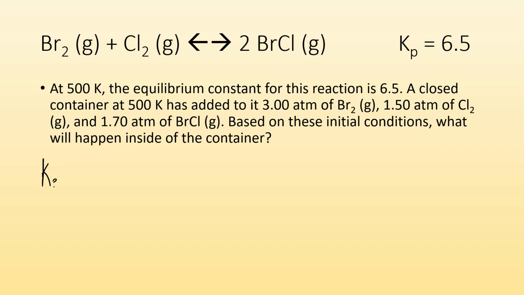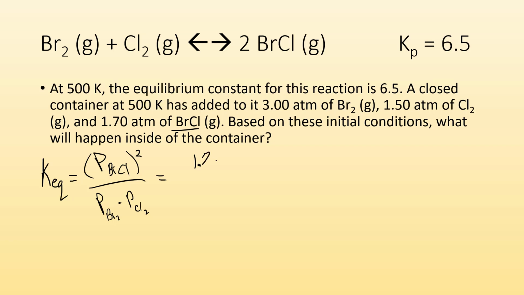So again, figure out the equilibrium expression. All right, so it's going to be the pressure of BrCl, but that's going to get squared, all over the pressure of Br2 times the pressure of Cl2. So now I plug in my values. All right, they tell me BrCl is 1.7.